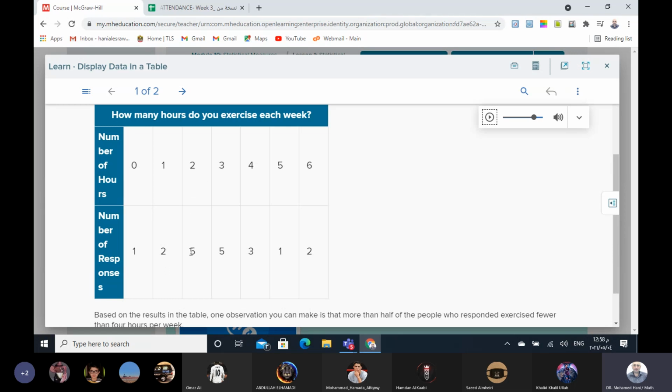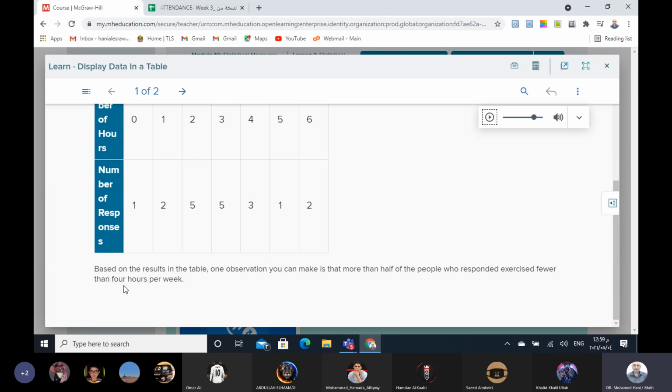The second hour, 5 exercises. The third hour, 5 exercises, etc. So based on the results in the table, an observation you can make is that more than half of the people who responded exercise fewer than 4 hours per week.